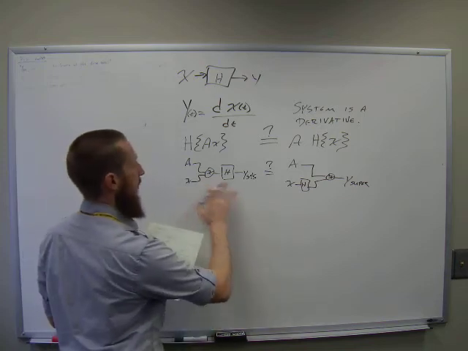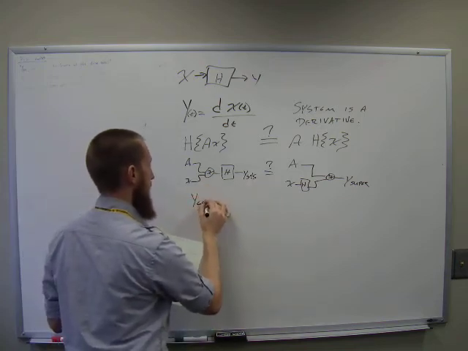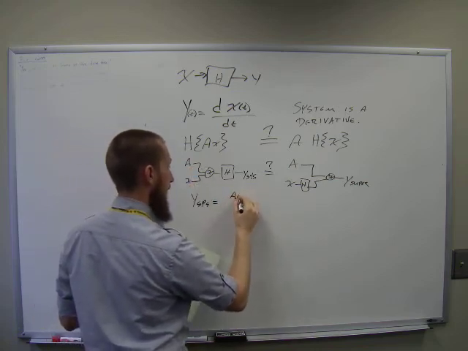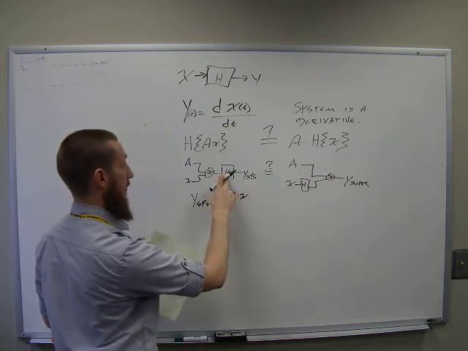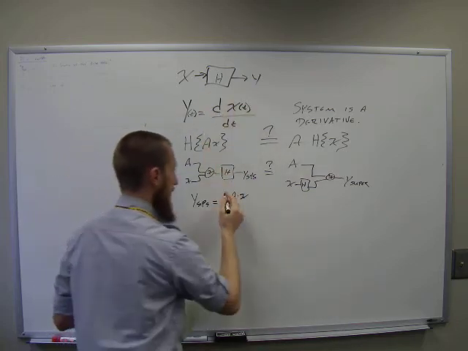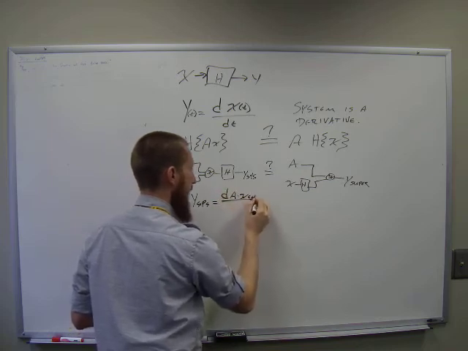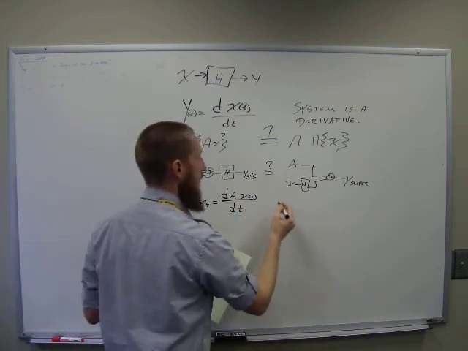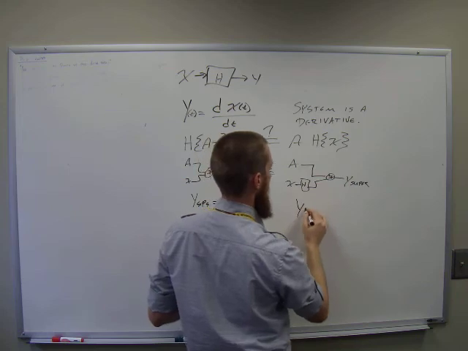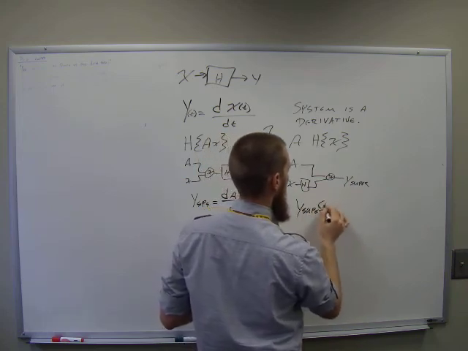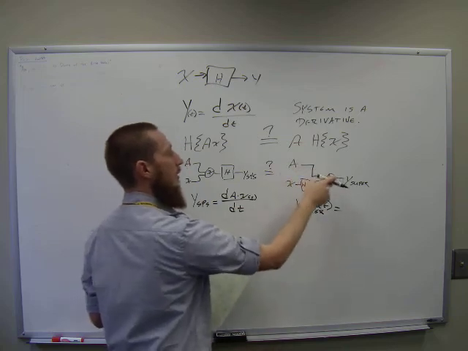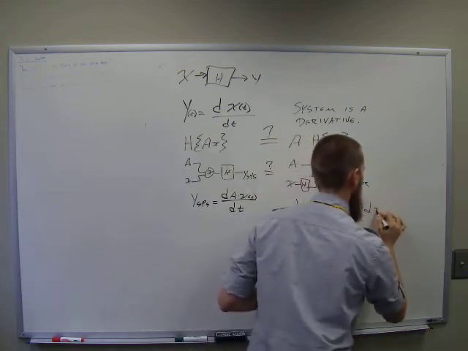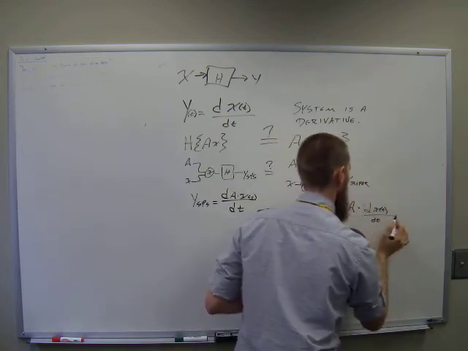Alright, let's write an equation for this. Y sys is going to be equal to a times x passing through this system. The system is the derivative, so we're taking the derivative of all of this with respect to t. On the other side, we have the y superposition of t is going to be equal to multiplication of a times x going through the system, a times dx of t dt.